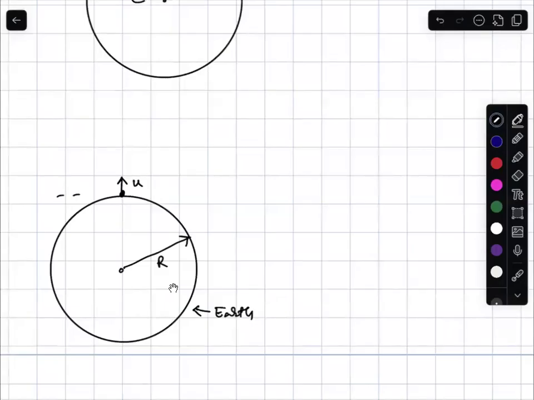It will reach some height and come to instantaneous rest. Let this height be h. Now, please try to understand. We will label these two locations A and B.